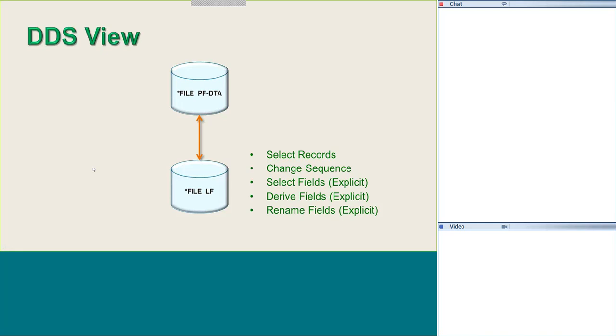It doesn't make any sense to me to have a logical view one-on-one over a physical data file and change the name of the fields. I did have one example. Let me finish this. You can also reorder fields, i.e., you can change the order of the fields in the logical file to be different from the physical file. Those are the things you can do with a logical file, a DDS type view over a physical data file.